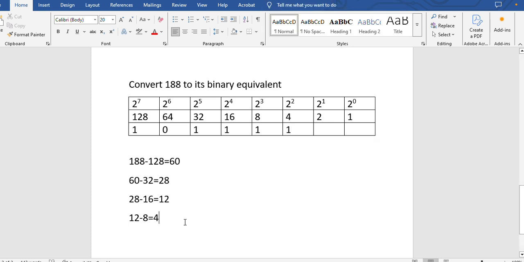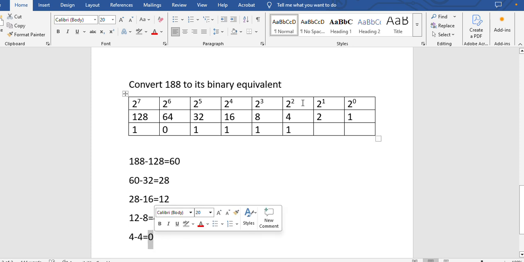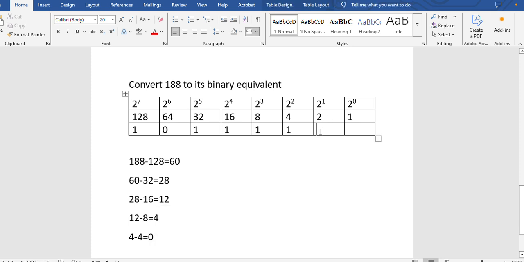The remainder is 4. You take this remainder and ask, is 4 greater than 4 or equal to 4? It is not greater than 4, but it is equal to 4. So because it is equal to 4, we write 1. If it is greater than or equal to that number, we write 1.